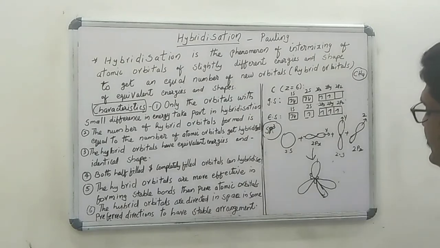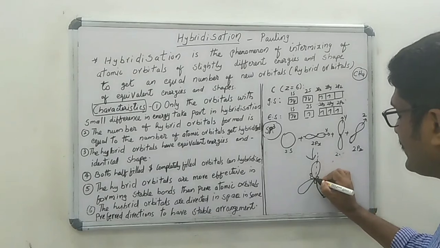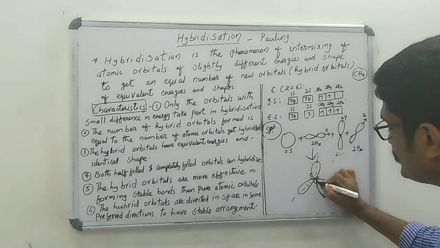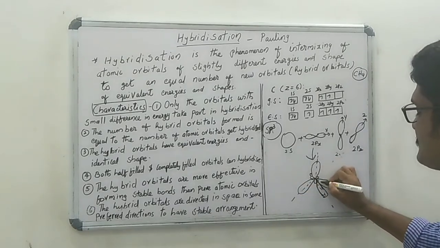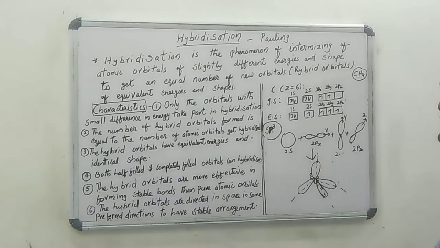Here sp3 hybridization takes place, and these 4 sp3 hybrid orbitals are directed towards the 4 corners of a tetrahedron.